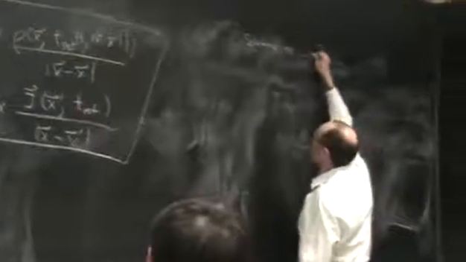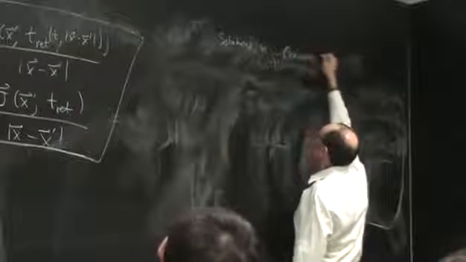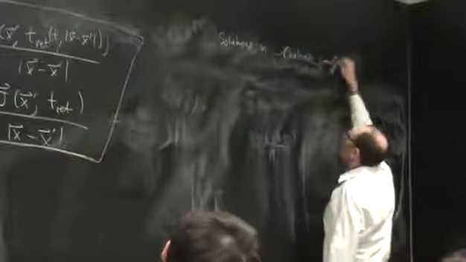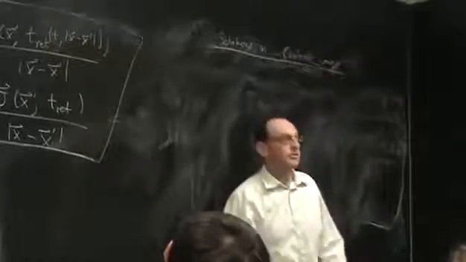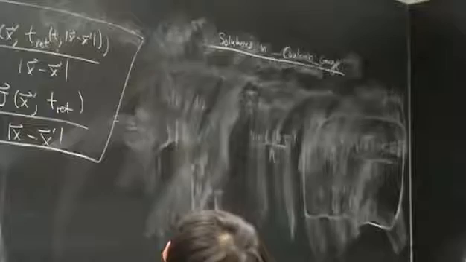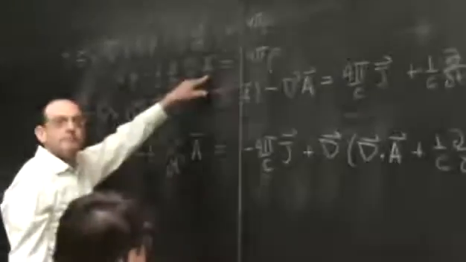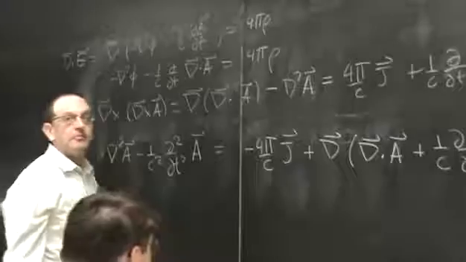At the end of the day, the physical fields can't depend on the gauge choice, but the potentials look quite different. So, let's go over here. In the Coulomb gauge, del dot A is 0. So that's 0.